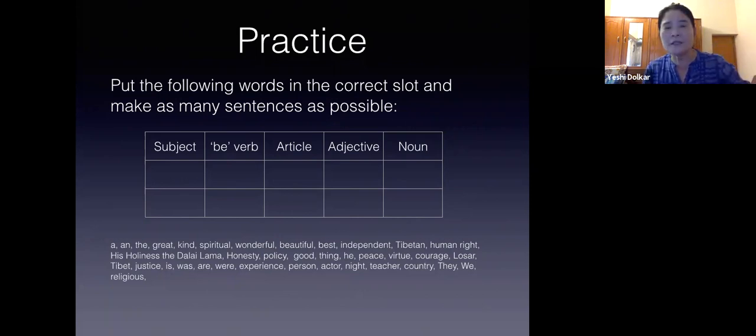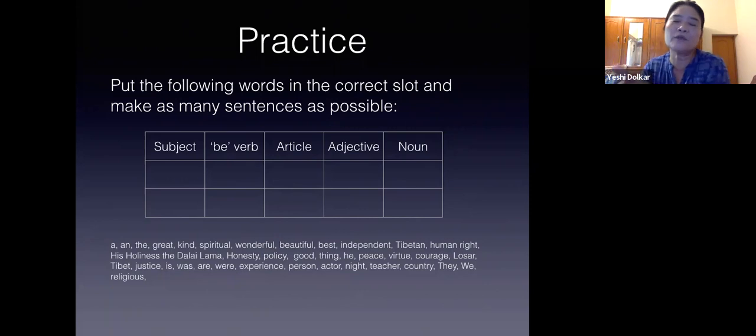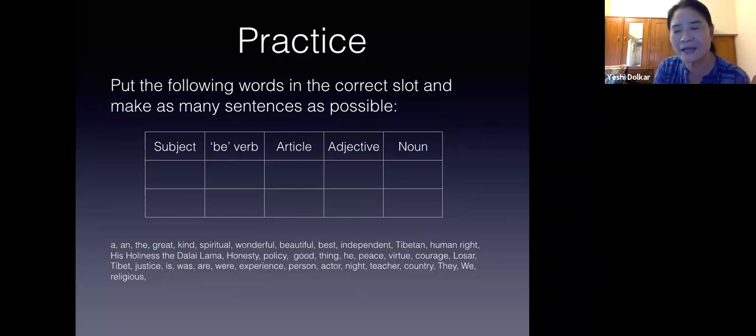Last year, I was in Tibet. I have been to Tibet. So this have been is a be verb, but it's in the present perfect tense.